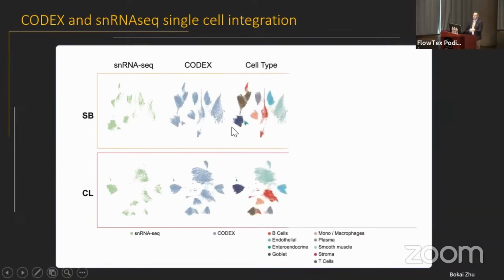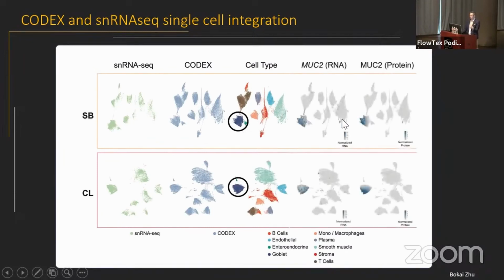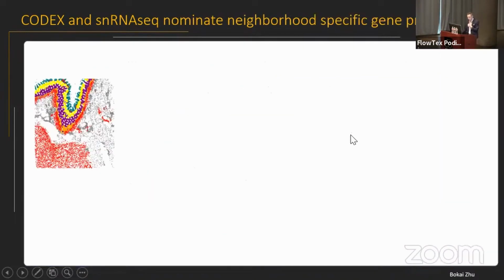We can see that their cell types overlap, meaning that there's a good integration there. And we can look at one example cell type like goblet cells and see that they both express MUC2, both in the RNA and protein, which means that there's a high quality of this integration.